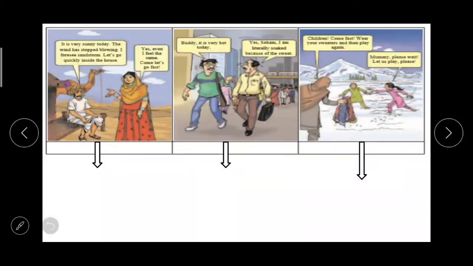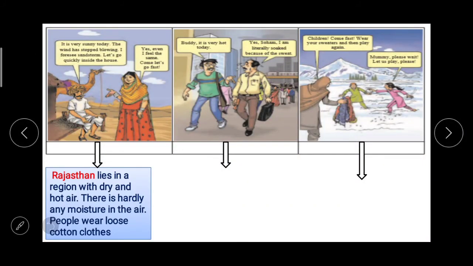And in our textbook, in the beginning, these three pictures are given in figure 3.1, and the first one is of Rajasthan, where the description is given: it is very sunny today, the winds had stopped blowing, I foresee a sandstorm, and let's go quickly inside the house.